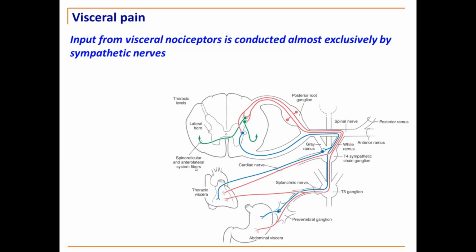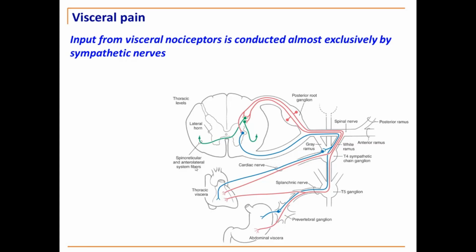But even though both the parasympathetic and the sympathetic are carrying this sensory information, the nociceptive information is almost exclusively carried by the sympathetic nerves. So there's a division of responsibility between the parasympathetic and the sympathetic nerves in terms of their viscerosensory input.